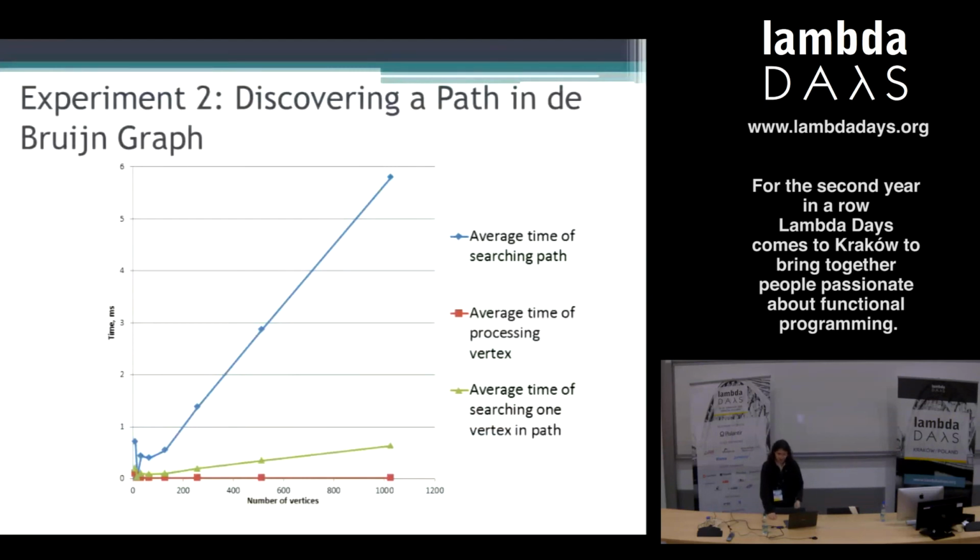It's very tiny. It looks like a constant because it's in microseconds. And the average time of searching one vertex in a path is a very complicated parameter, because it looks like the average time of searching a path divided by the average time of processing vertices.